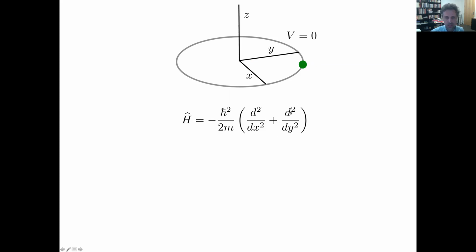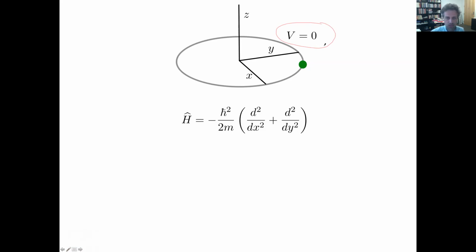This is the general expression of two-dimensional motion in x and y, because it's a circular motion in the x and y plane. Is there a potential energy term? Well, there could be, but for now we're going to say the potential energy contribution is 0 anywhere on the ring. So there are no barriers. There's nothing that the particle will encounter. It's free motion on this ring.